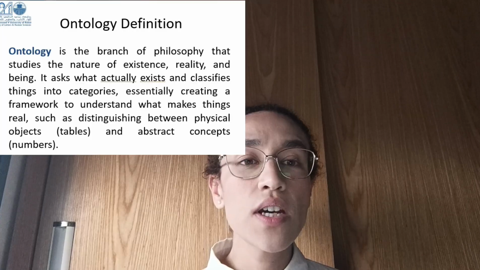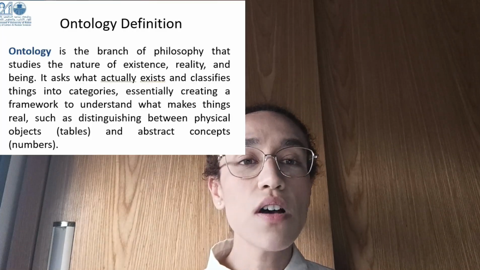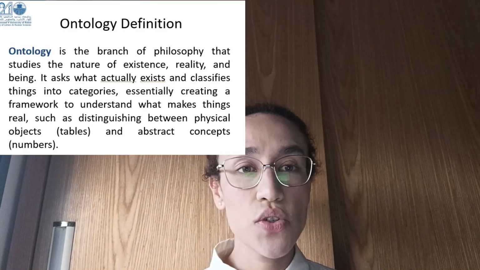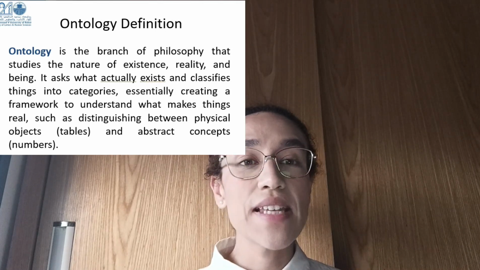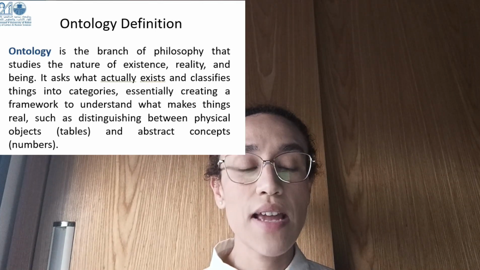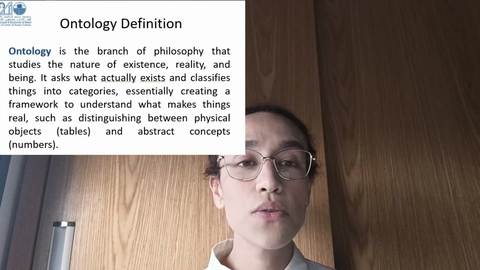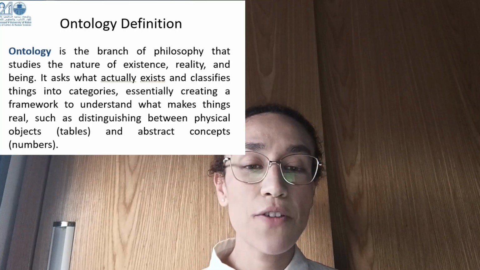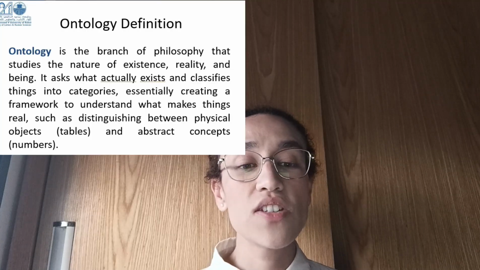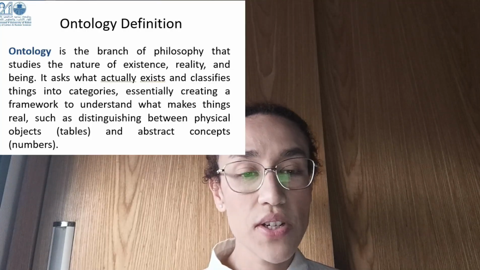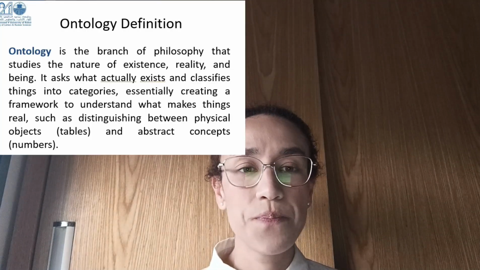In more words, ontology is the branch of philosophy that studies the nature of existence, reality, and being. It asks what actually exists and classifies things into categories, essentially creating a framework to understand and make things real, such as distinguishing between physical objects and abstract concepts.